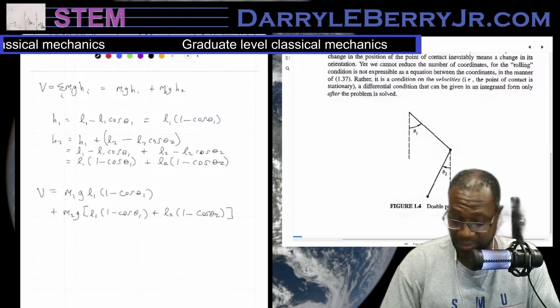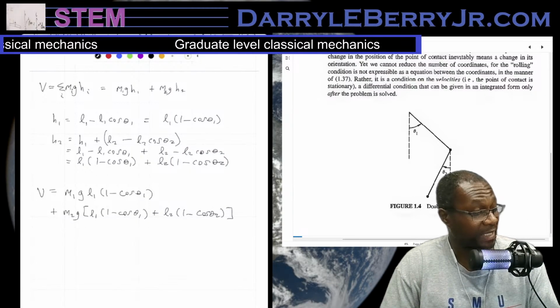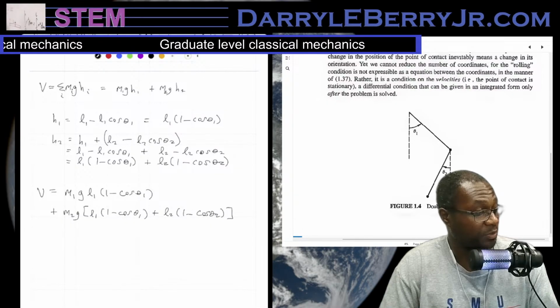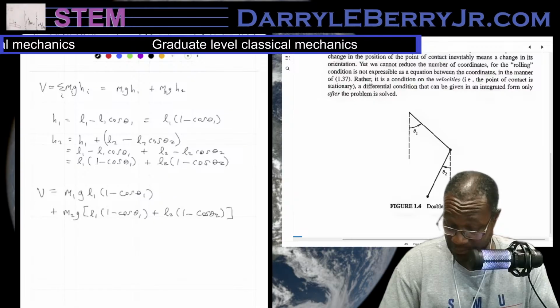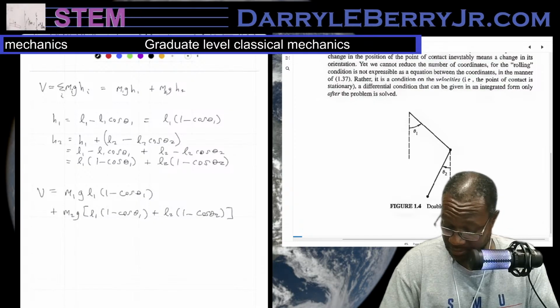All right, so I think that's correct. But again, I'm doing it slightly different from the solutions because I understand this way a little bit better. But we shall see if it pans out in the end.